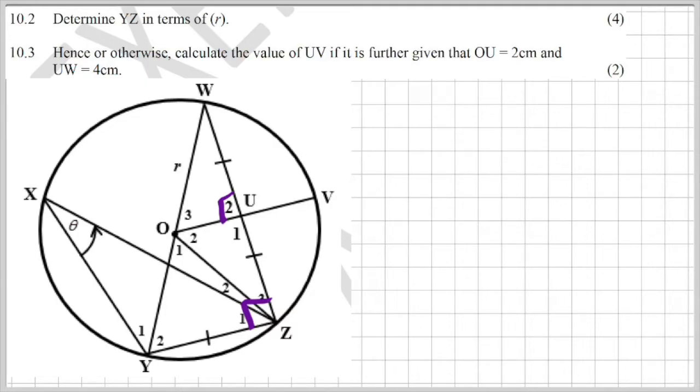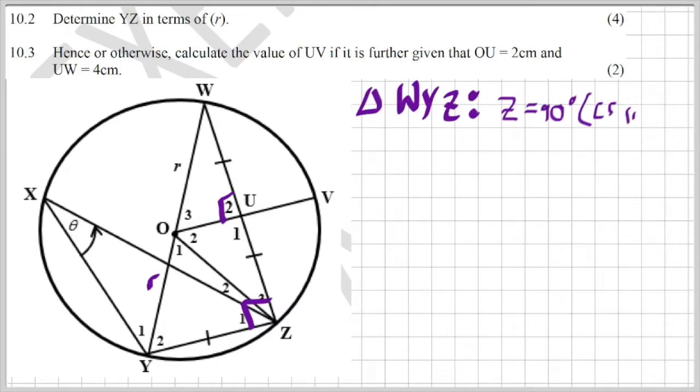I know that there are 90 degrees, and I know that OY is also equal to R. I've got OZ, but I'm not going to worry about OZ now, because in triangle YWZ, I have that Z is 90 degrees. Remember, we've proven it already. Okay, we need that, because I can now start to think about Pythagoras.